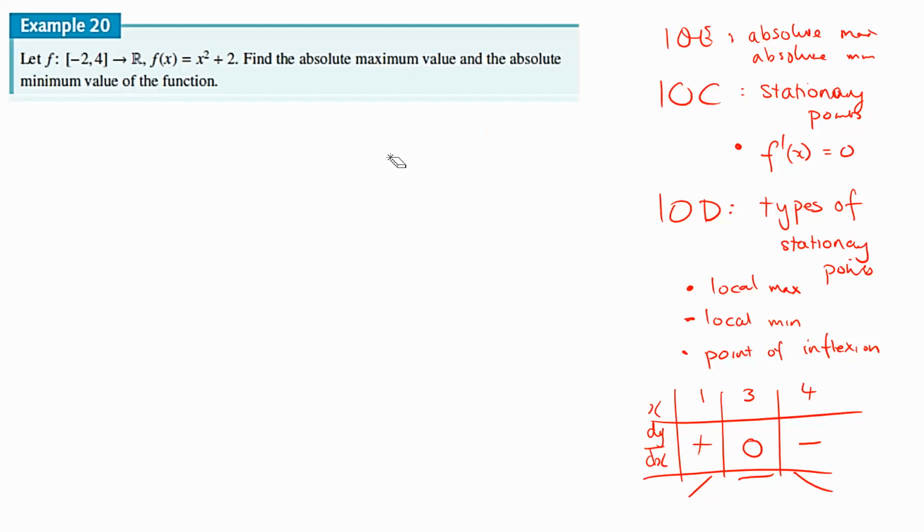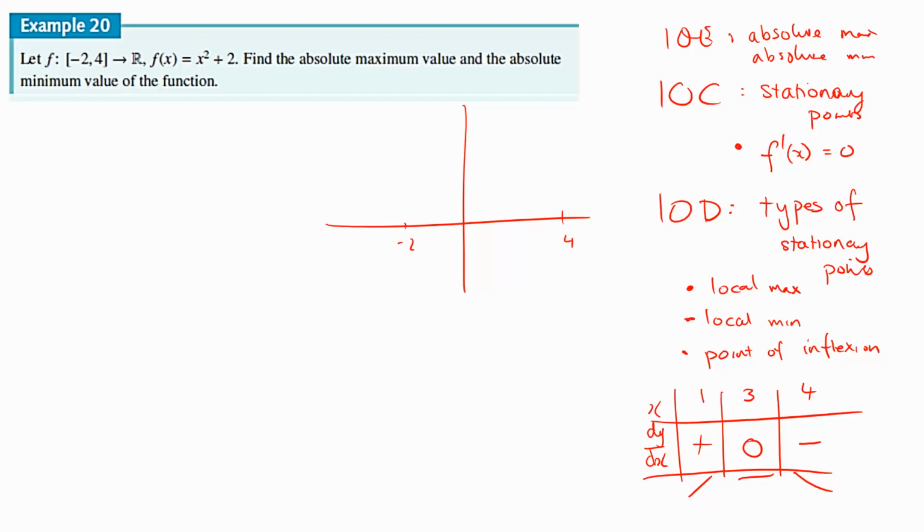You've got -2 to 4, so I always like to visually quickly picture what I have. So I've got -2 to 4, so let's say -2 is here, and let's say 4 is there. Okay, so I've got my domain. I always remind myself, I've got a domain, so these are my endpoints. I've got x squared plus 2. Now x squared plus 2 just tells me it's a quadratic, and the plus 2 does what?